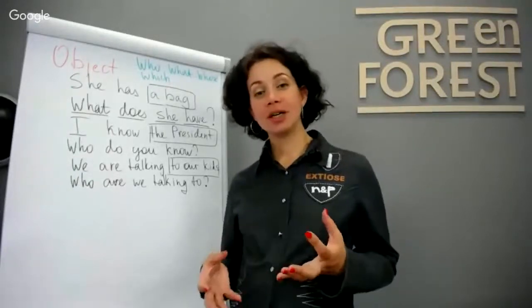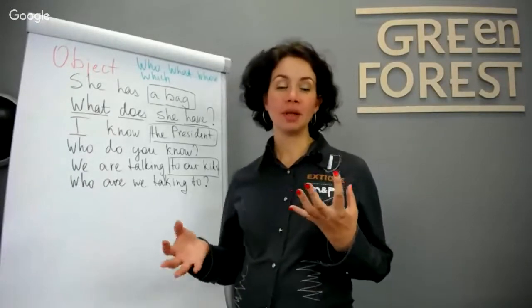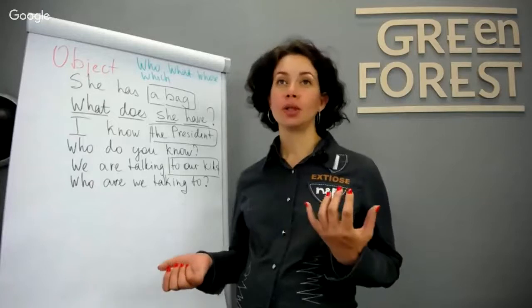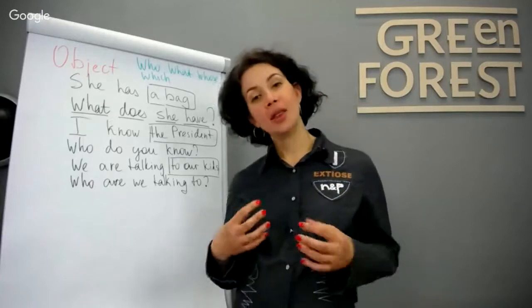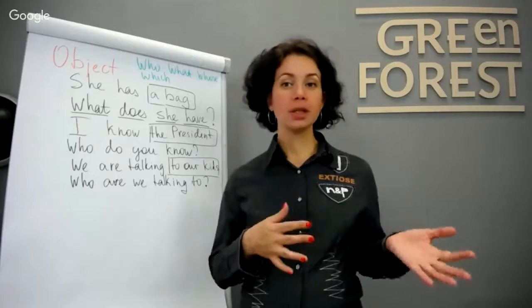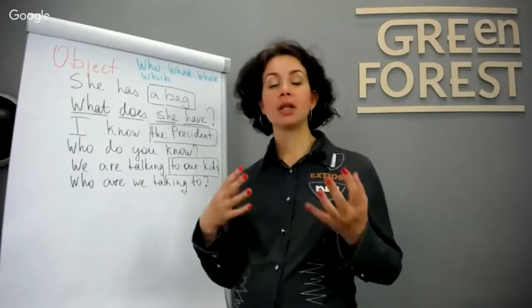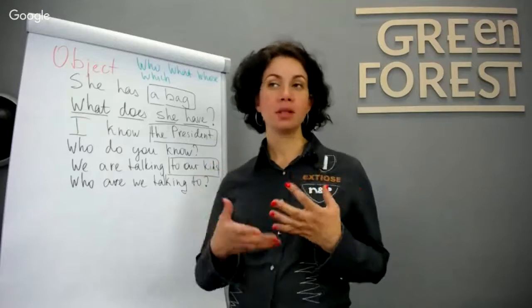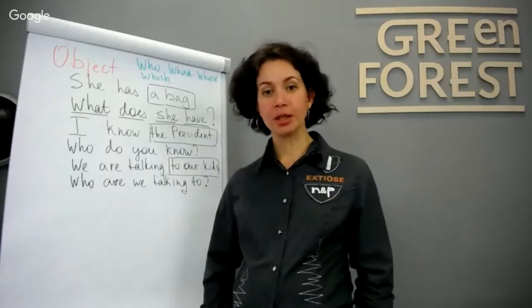When we want to ask about the object, what the person has, who the person talked to, then we need to use auxiliary verbs for sure. We use question words, auxiliary verbs, subject and verb, and this is how we create the object question.